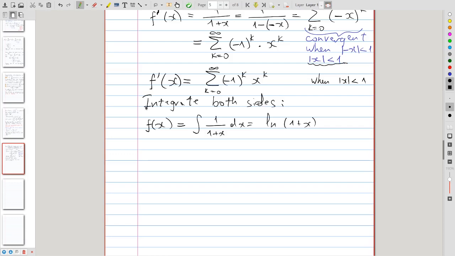And on the right-hand side, we will have the integral of the series, k from 0 to infinity. We know that power series can be integrated term by term. So this is simply the sum k from 0 to infinity of integrals of these expressions.